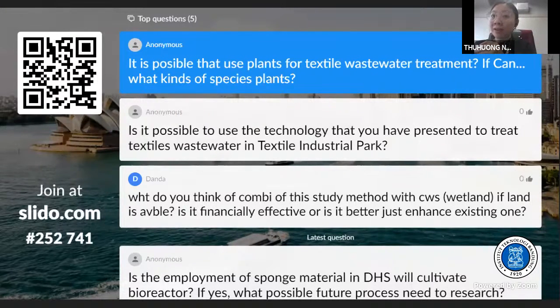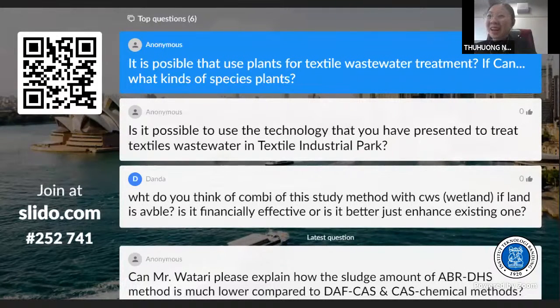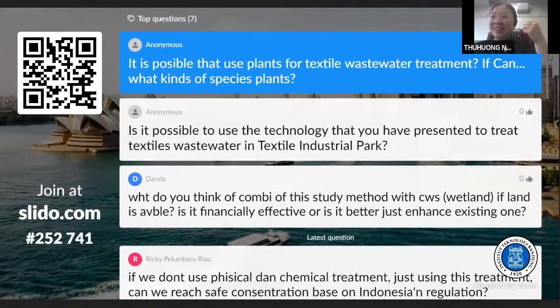Our lab also has a PhD student who published one paper about natural-based materials. However, the problem is that inside the anaerobic reactor we have microorganisms. So the problem is how we can treat the material to maintain it for a long time, because microorganisms can eat the plants. That is my answer. Thank you so much for your question.